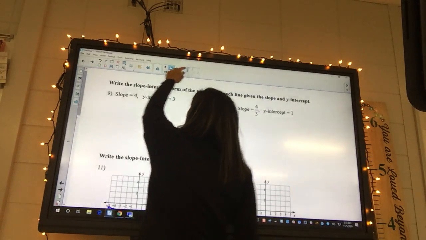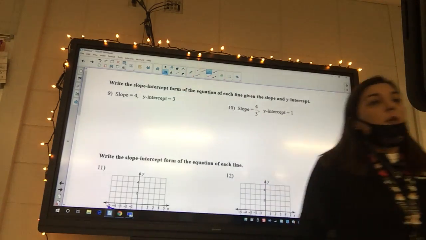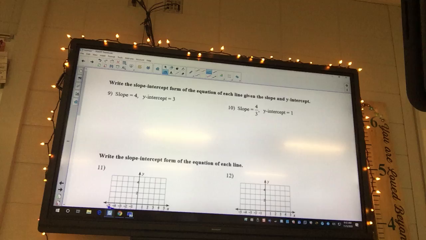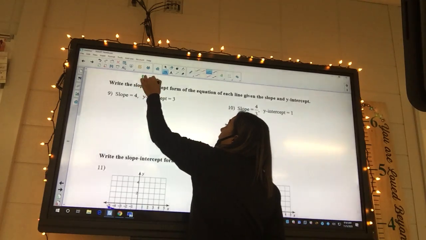Okay, the next page says write the slope-intercept form. What's slope-intercept form? Y equals mx plus b.